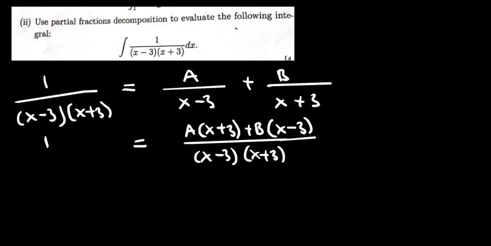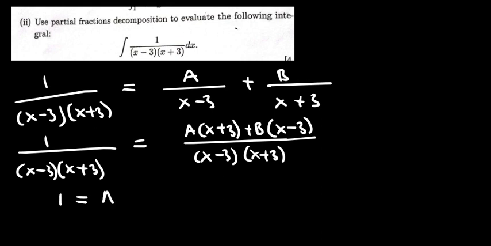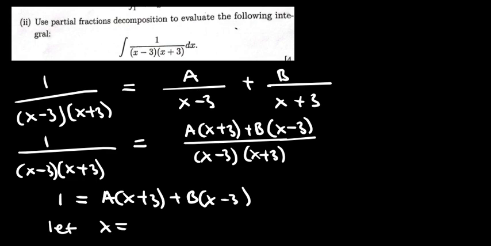Then I can see that both sides have the same denominator, x minus 3 and x plus 3, so I just equate the numerators, and I'll get 1 is equal to a times x plus 3, plus b times x minus 3. At this stage, I will say let x equal to 3.